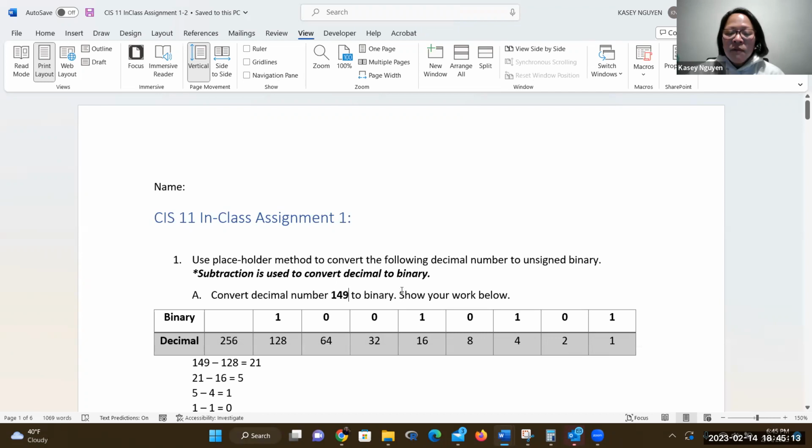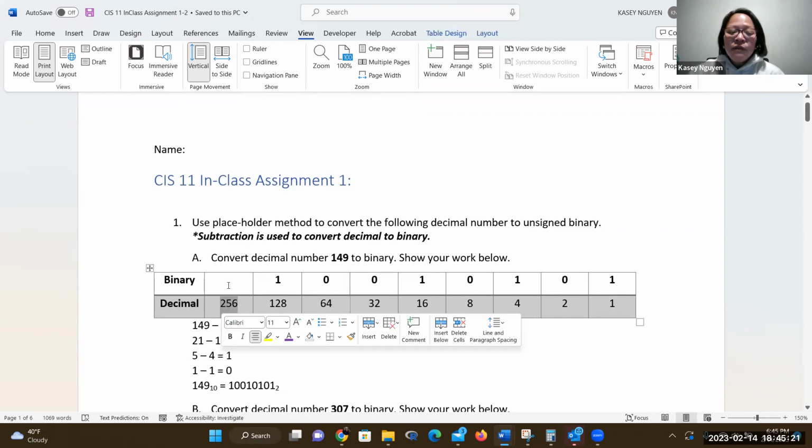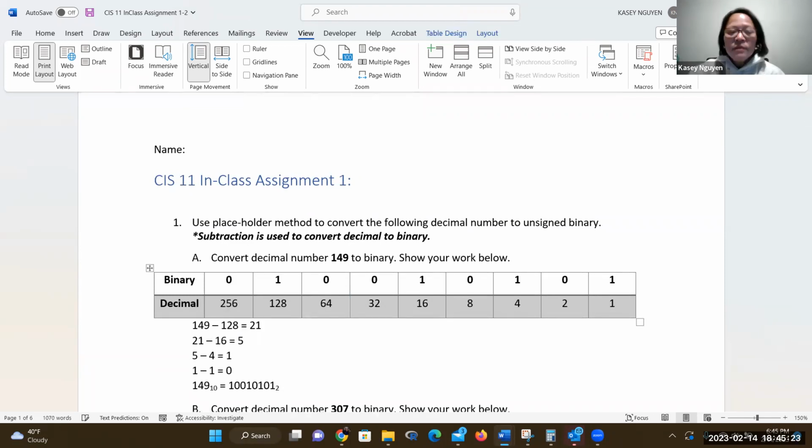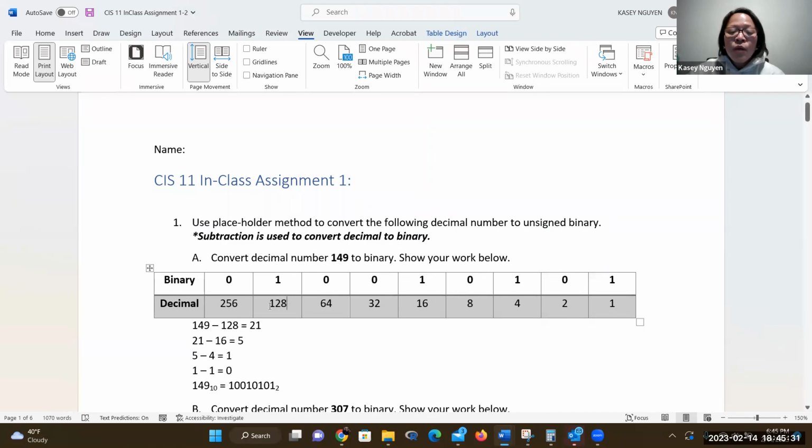I ask myself, what's the highest number I can subtract? I cannot subtract 256, so that will be a 0. For 149, I can subtract the next number because it's less than 149. So 149 subtract 128, and as I subtract it, I put a 1 at the top.